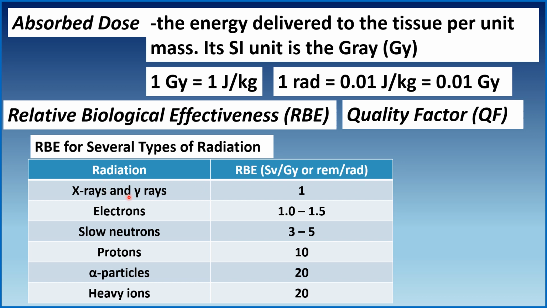For X-rays and gamma rays, we have the standard value of 1. For electrons, it ranges from 1.0 to 1.5. For slow neutrons, the RBE ranges from 3 to 5. Protons have an RBE of 10. Alpha particles have 20. And heavy ions also have 20.